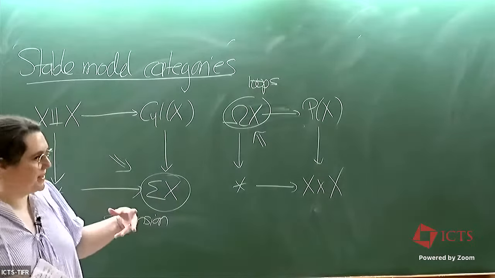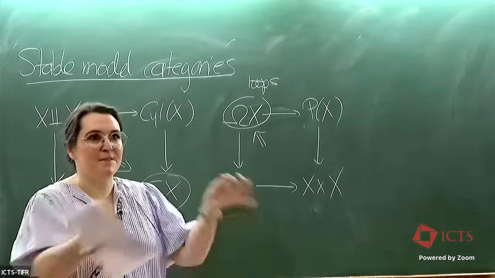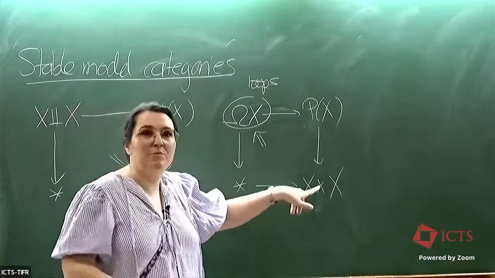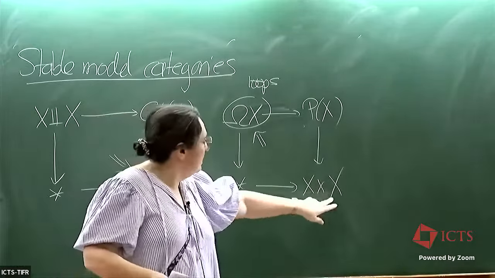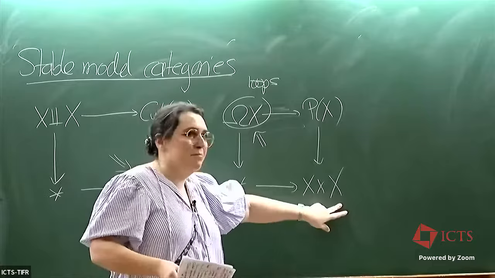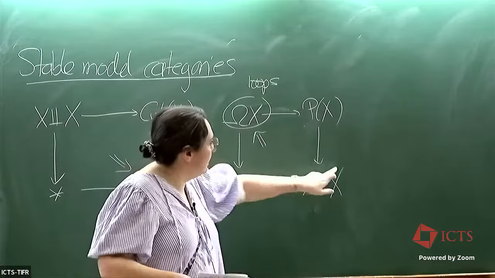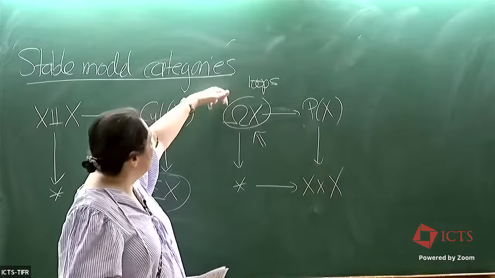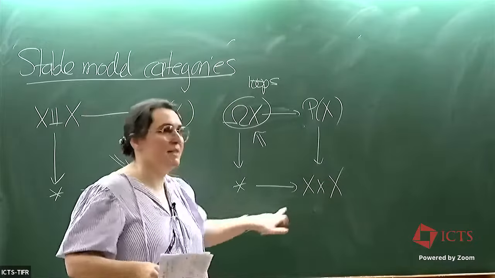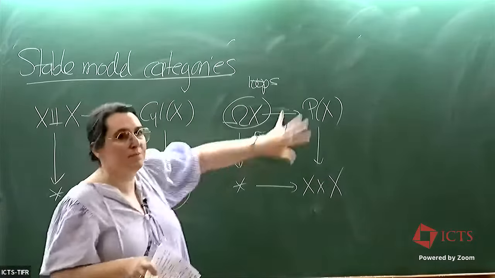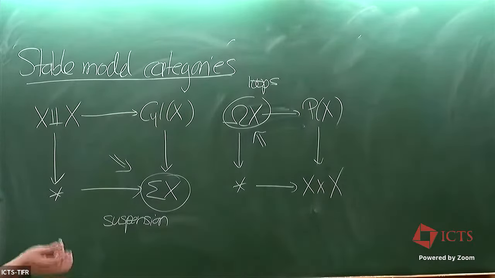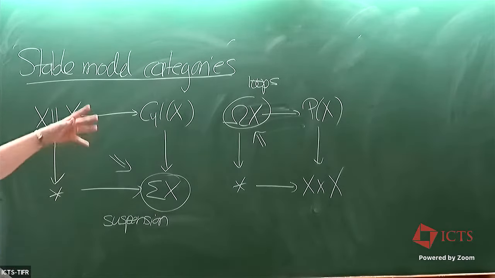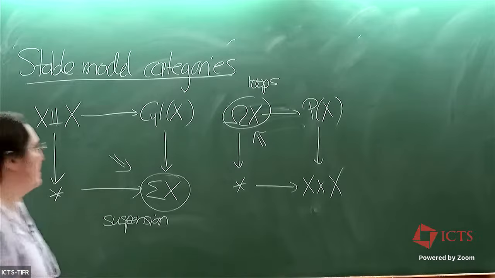If you think of loops as paths that have the same start and end point, that is exactly what this is mimicking. So that's the start and end point of your path, and that's the evaluation of start and end point, and saying that they all have to have the same start and end point, namely your base point. That is precisely what this diagram is saying. And yeah, that defines suspension and loop functors, not just something you can apply to objects, but functors.